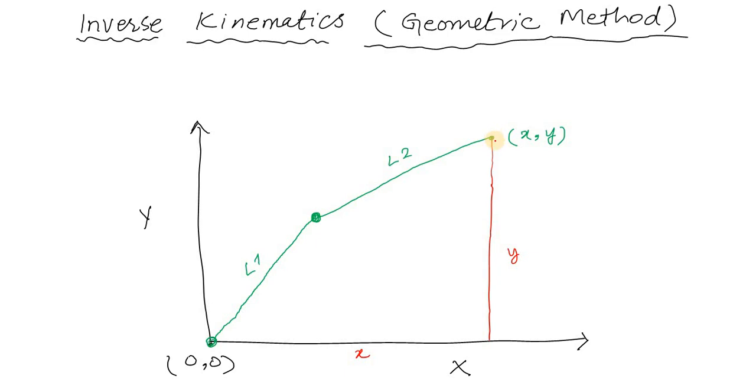Considering this point for the end effector, it has x and y coordinates. And what else we can do? We know that if we connect this point to the origin, we get a straight line, and we also get a triangle.